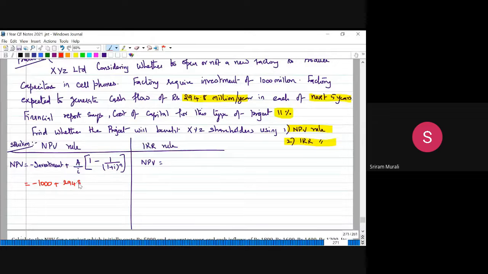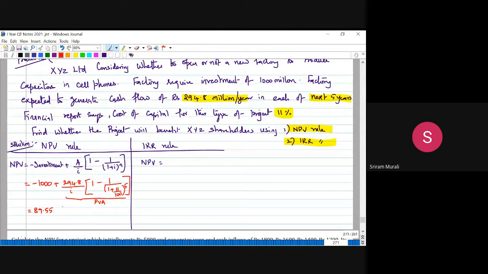That is 294.8 divided by I into 1 minus 1 by (1 + 11%) to the power 5, because this is the return which I expect over 5 years. The expected generated cash flow is this present value annuity. Do you remember? Yes, sir. So that is 89.55.